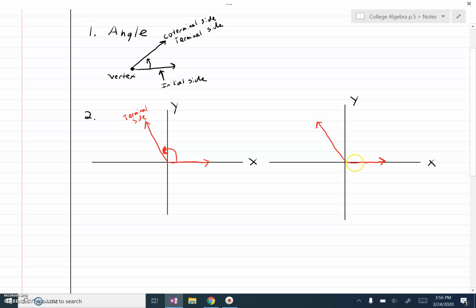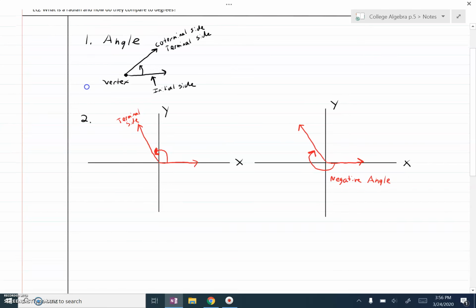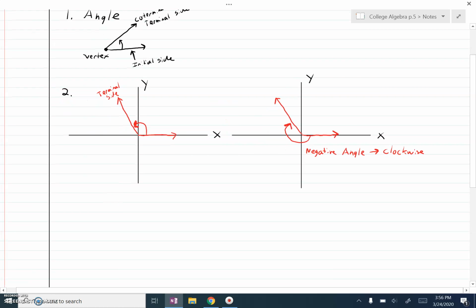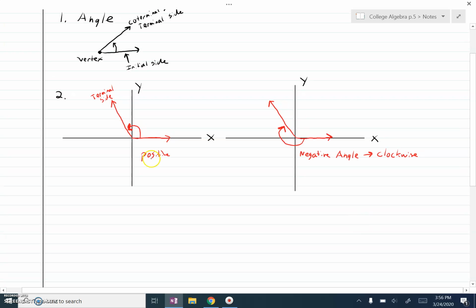Instead of going counterclockwise, it could go clockwise, and that would be a negative angle. So a negative angle is a clockwise rotation, while a positive angle would be counterclockwise.